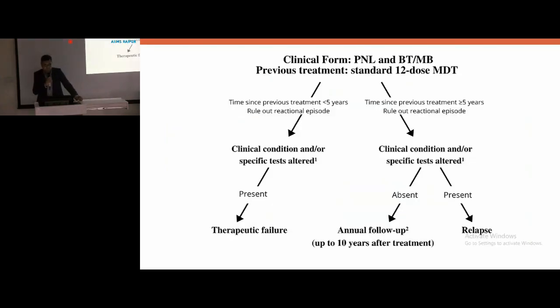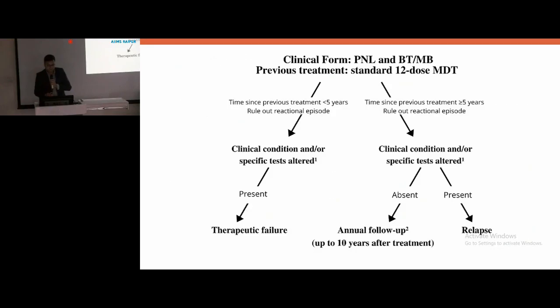This is one such flow chart that we should follow in our clinical practice: what was the initial form of presentation of the patient, whether it was pure neuritic leprosy or borderline tuberculoid leprosy. We inquire about the previous treatment. It was a standard 12-month MB-MDT. We look at the surveillance period. If it is less than 5 years, we rule out the reactional episode.